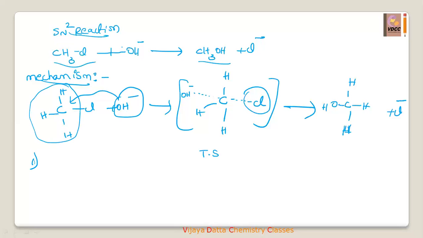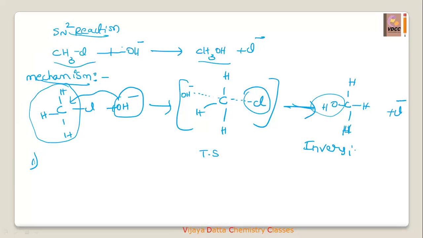If you observe here, chlorine is on the right hand side, the remaining hydrogens are on the left hand side. But if you observe the product, the remaining hydrogens are on the right hand side, OH attacked on the left hand side. So if you observe the reactant and product, the inversion of the configuration has taken place in SN2 reaction. So here nucleophilic substitution has taken place. The product in the nucleophilic substitution reaction is the inversion of configuration.